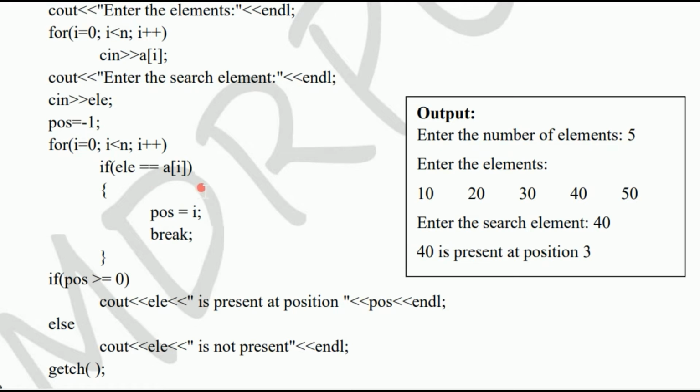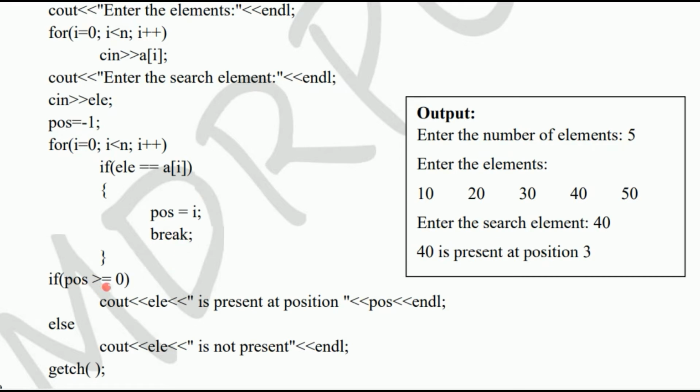No. Again it increments, i as 2, 30. Is 40 equal to 30? No. Again it will take i as 3. Then it is 40. Is 40 equal to 40? Yes. So position is equal to 3, then come out.